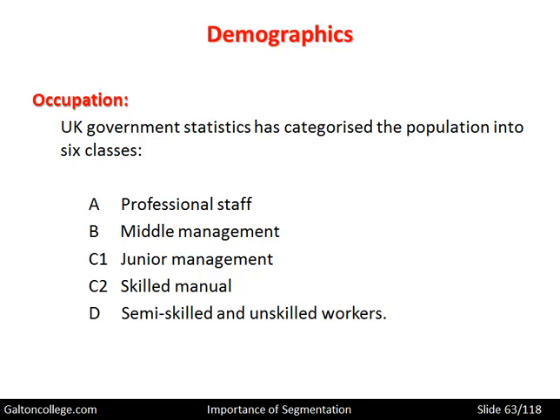D, semi-skilled and unskilled workers. And E, those who are dependent on the state, who are dependent on welfare payments. So we have different classifications here. We've got a 6-fold classification under UK statistics of the type of people that are possible within occupations.